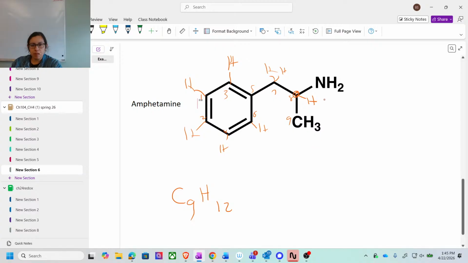Now I get 13. Oh, okay, so 13. Like I said, count, then recount. That's the hardest thing in chemistry, honestly. And then looking at our heteroatoms, we just have nitrogen left, and it's just one. So it looks like C9H13N there.